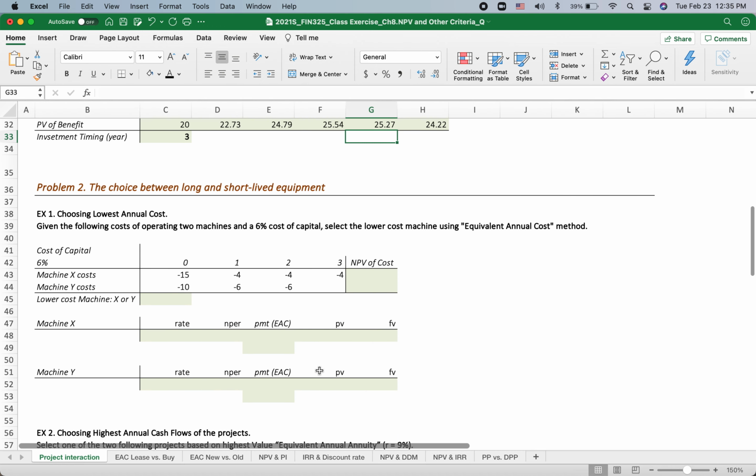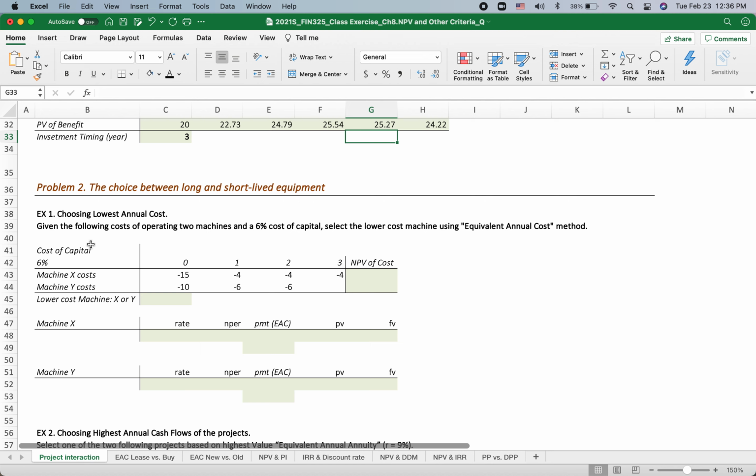The next problem is the choice between long and short-lived equipment. Okay, that's the important point. We are using the lowest annual cost, which is the concept of equivalent annual cost, because we want to compare 2 projects that have different maturity, different time frames.